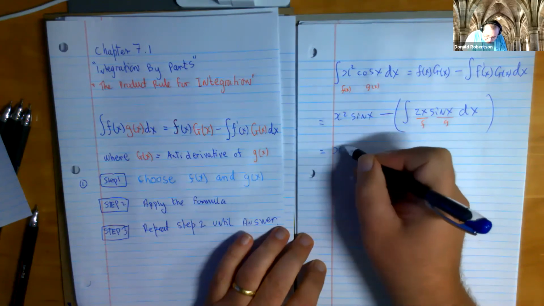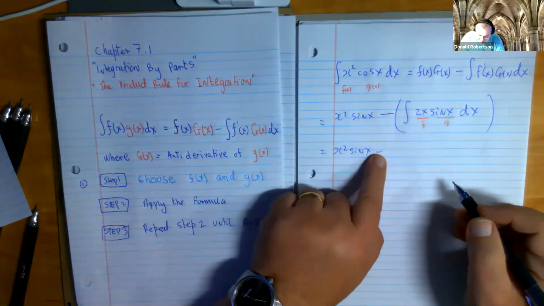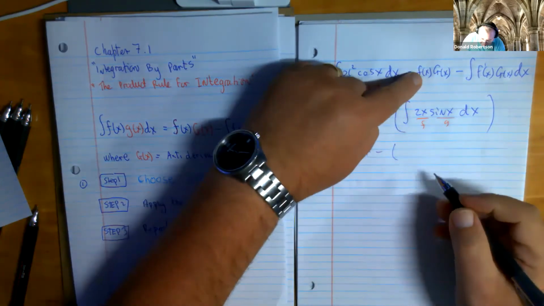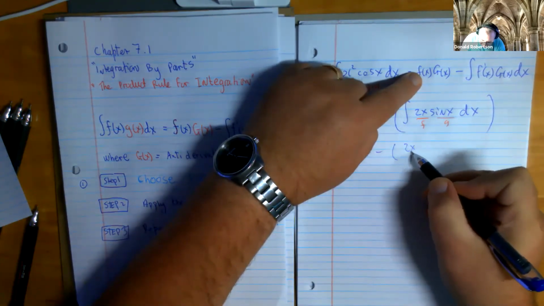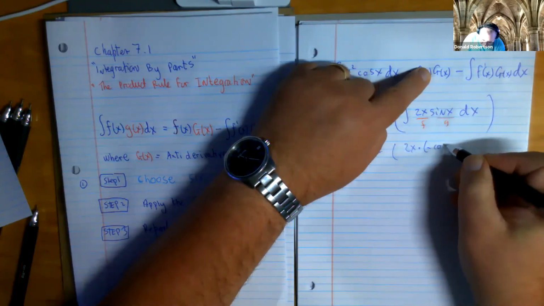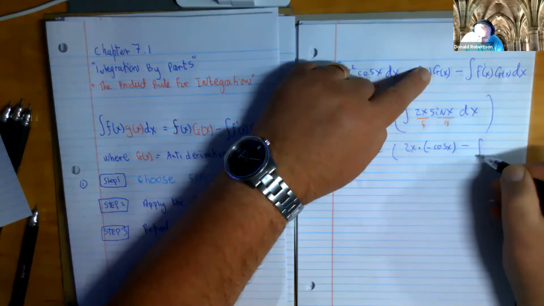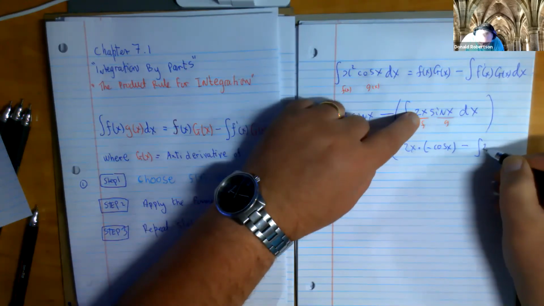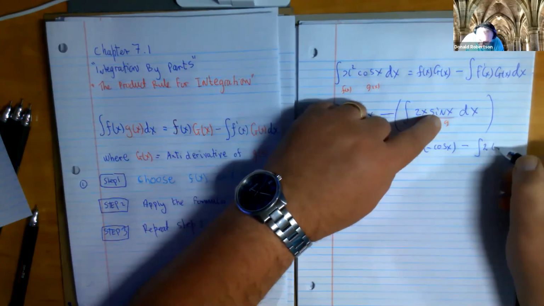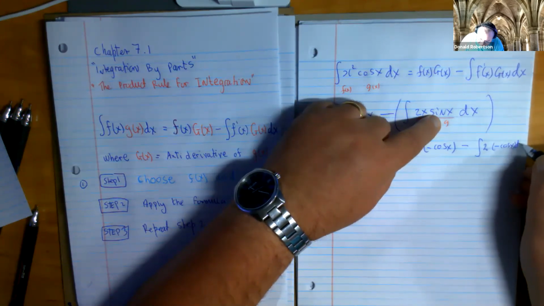That just takes up too much time. But can you imagine that I have written it down? So it's going to be leave that alone. And then integrate sine x, which is negative cosine x. Subtract the integral. Differentiate this as 2. And integrate this, and you get negative cosine x dx.